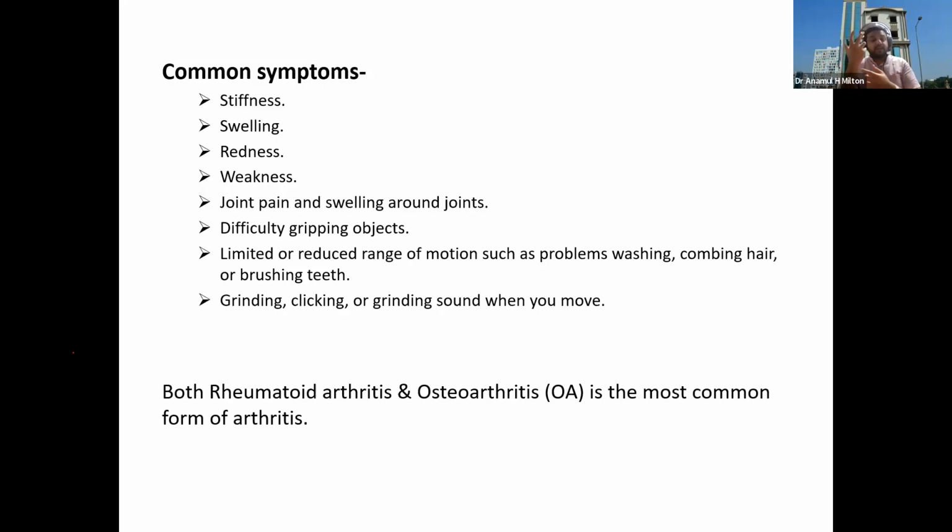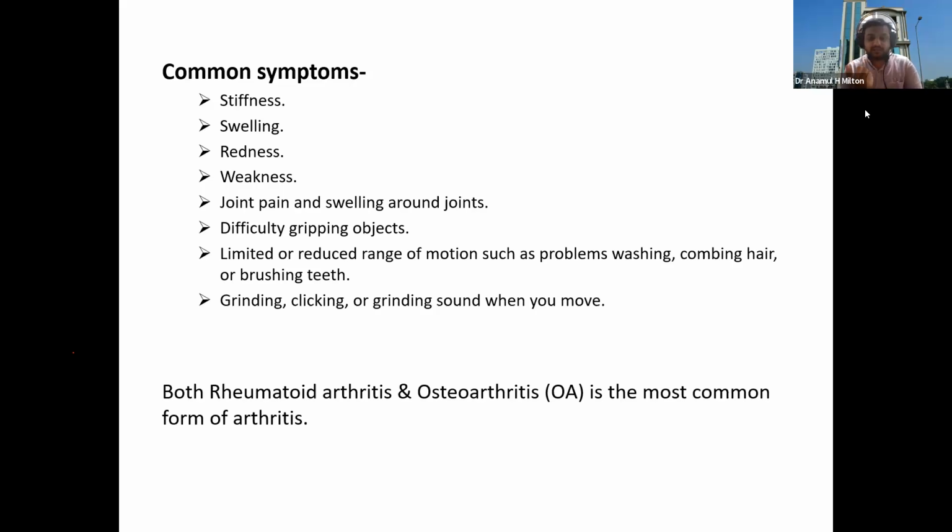But if you find there is pain, swelling, redness, and pain increasing at rest or at night or the morning time, and this pain suddenly attacks the person, not gradual, it is suddenly onset, then first consider it as inflammatory arthritis, because it is very common.